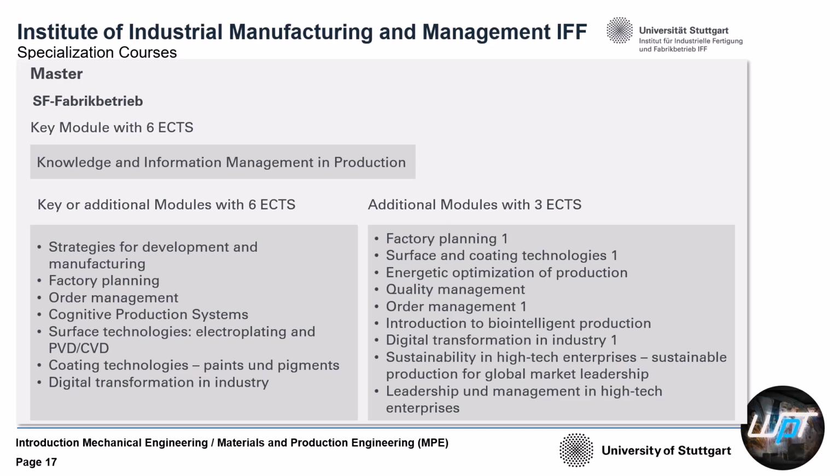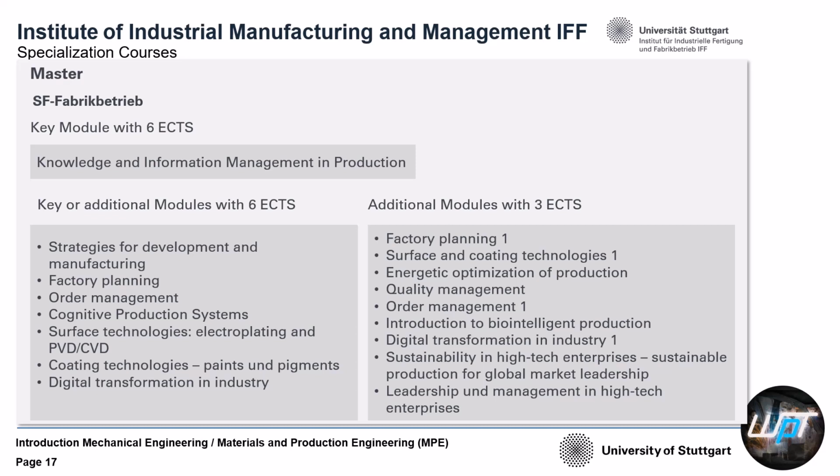The very last institute I would like to briefly introduce is the Institute for Industrial Manufacturing and Management, which is strategy and planning, as you can see here in the gray block on the left-hand side. Factory planning, order management, and the strategies for development and manufacturing, basically, which are taught by my colleague Thomas.